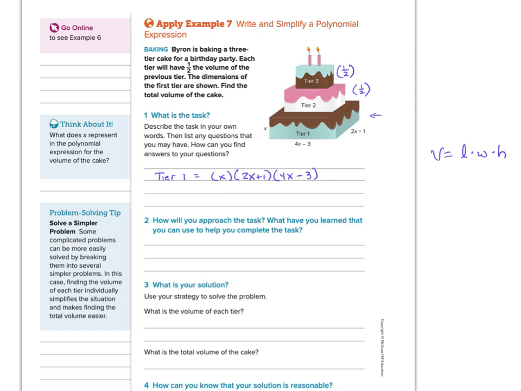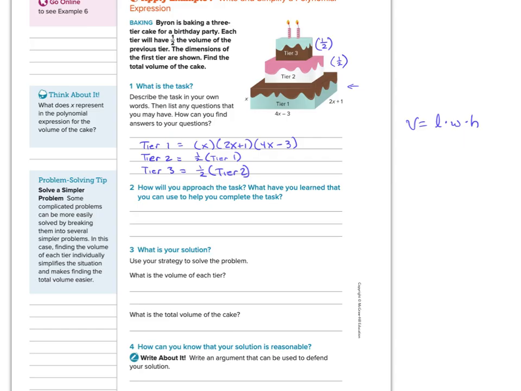And then I know that tier 2 is going to be equal to 1/2 of tier 1, and tier 3 is going to be equal to 1/2 of tier 2. So that is a good start and gets me into the process of understanding what my functions are going to be.